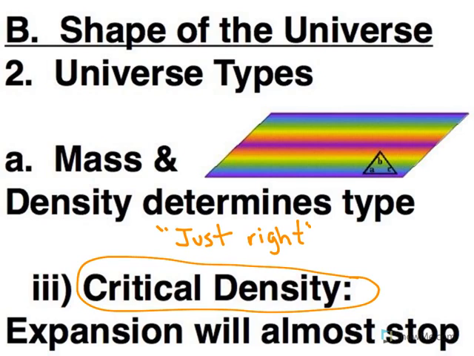And so this is our boundary between a universe that stops expanding and a universe that will expand forever. So in the next few tutorials, we'll look at the different possible universe types based upon their density.